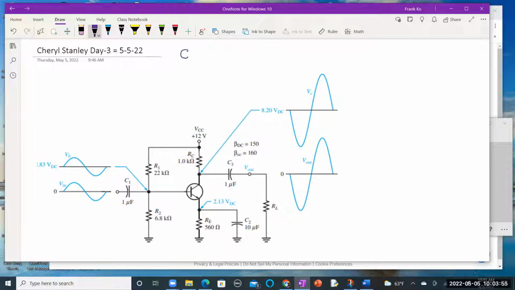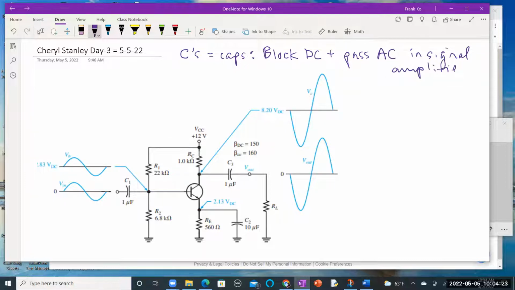Your caps do this: they block DC and pass AC in signal amplifiers, which is really significant.